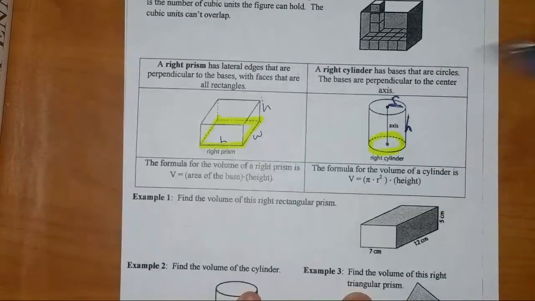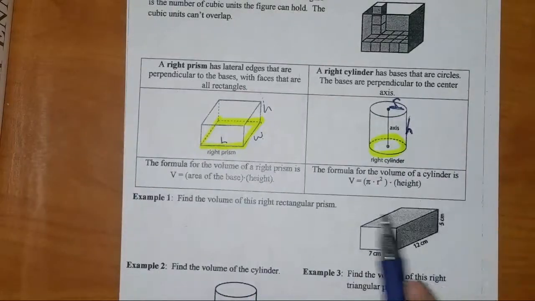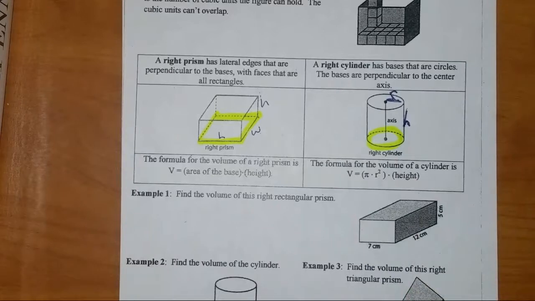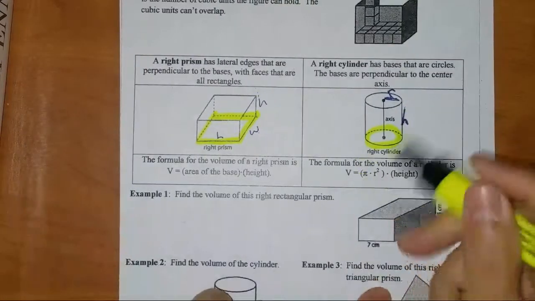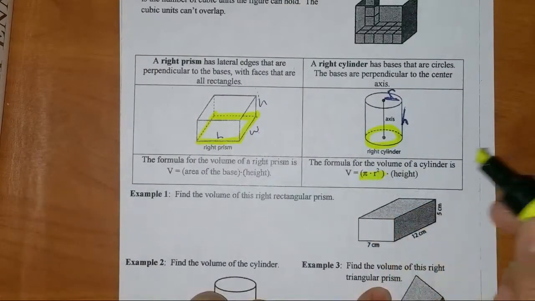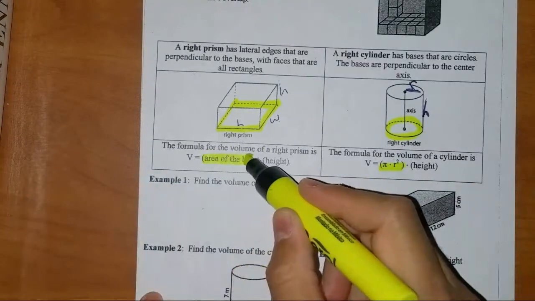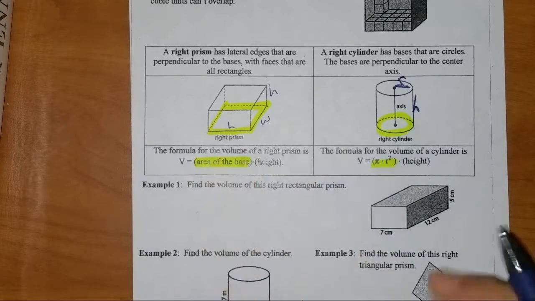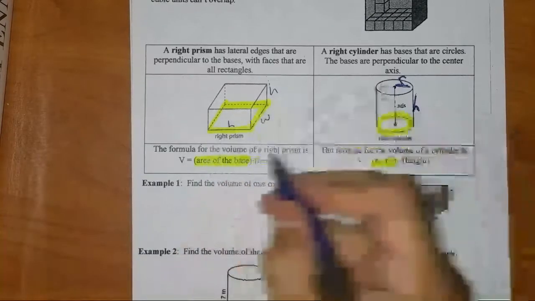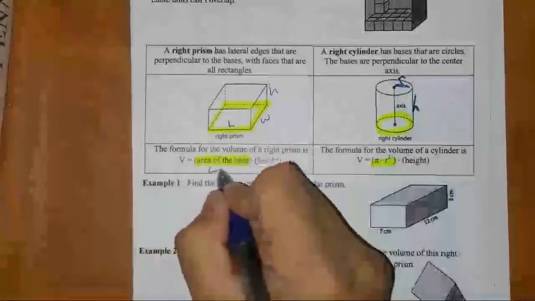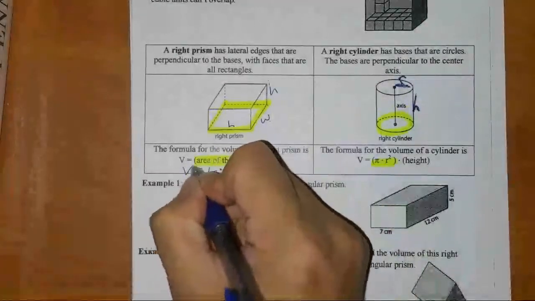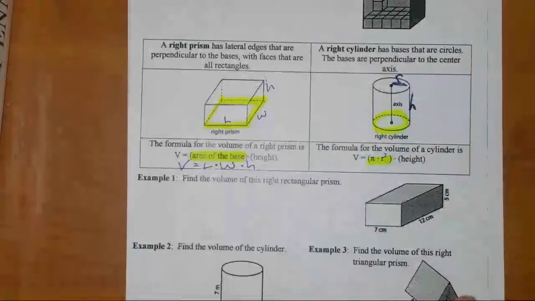So I have the height and I have the radius, and that's all I need for my formula. This is the area of the base, just like this one, times the height. For the rectangular prism, it's length times width times height, which is the formula for the volume here.